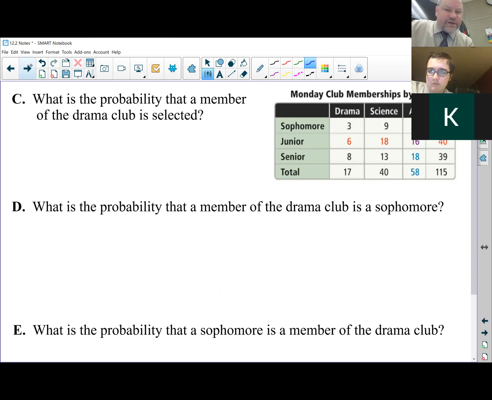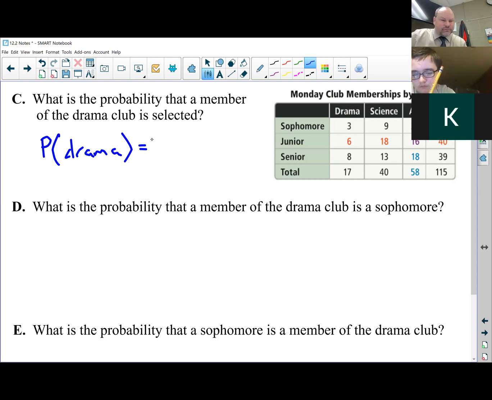All right. Let's see. What is the probability that a member of the drama club is selected? So again, not a conditional probability. Shane, 17 over 150.